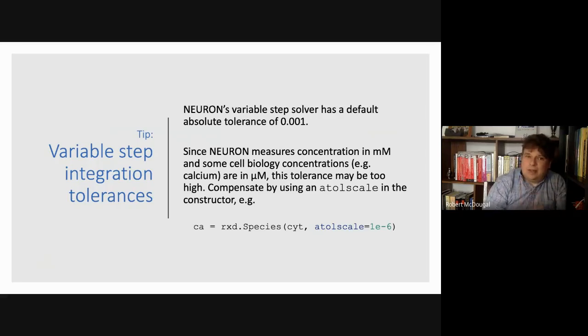And here's the one little gotcha about this. NEURON's variable step solver has a default absolute tolerance of 10 to the negative 3. If I'm talking about voltage in millivolts, then I probably don't care about an absolute error of 10 to the negative 3 millivolts. Who cares about 1 microvolt?